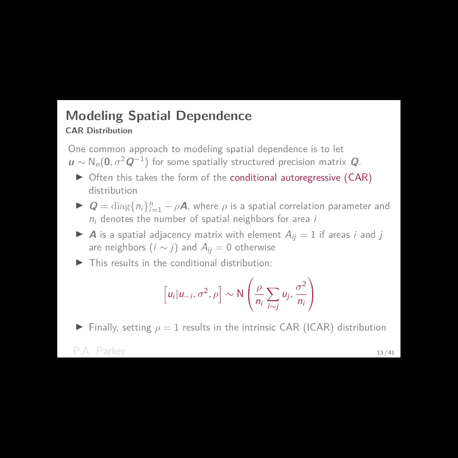So it's a weighted average of its neighbors. So if one area has neighbors that tend to be above average, this area will probably also tend to be above average and vice versa. Rho here is just a spatial dependence parameter. And so another commonly used prior here is setting rho equal to 1, and that results in what's called the intrinsic CAR or ICAR prior. That's used as well.